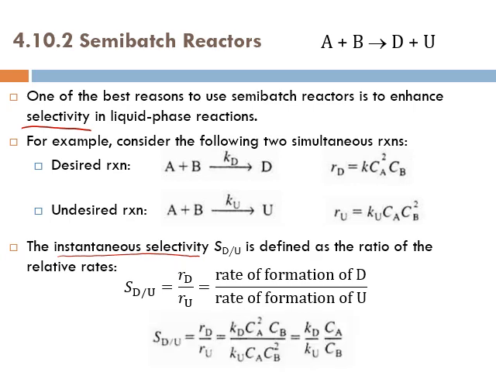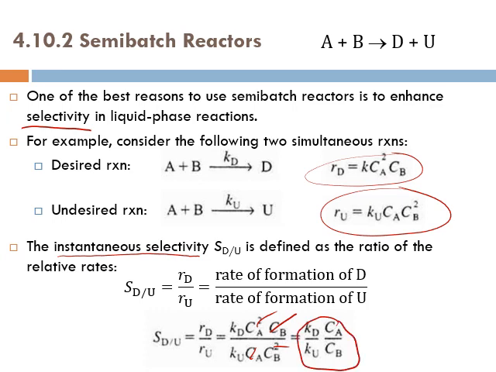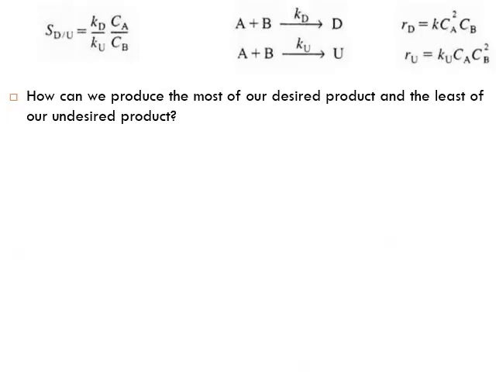So we have the rate law for RD, we have the rate law for RU, so we simplify it. Here this cancels out with this, and this cancels out with this, so we'll end up with this ratio. Now we have this ratio. How can we produce the most of our desired product and the least of our undesired product?